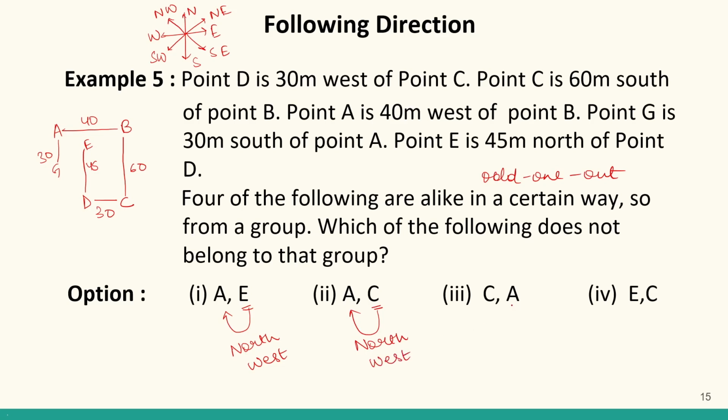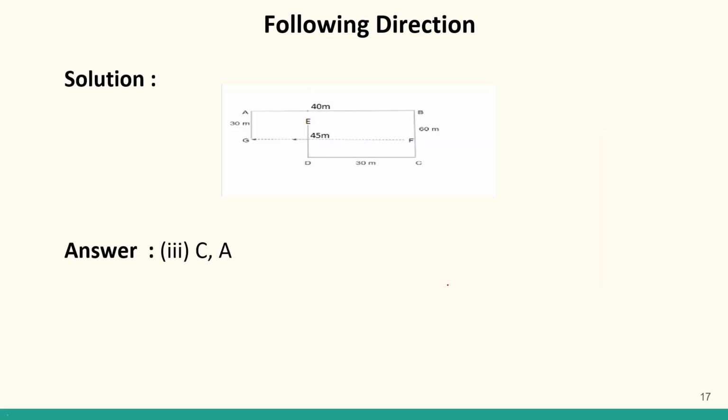The direction of C with respect to A will be in southeast direction. And the direction of E with respect to C will be again in northwest direction. So all these three follow the same direction except option number 3. So my answer will be option number 3, CA, because it follows a different direction.